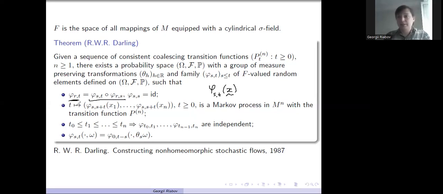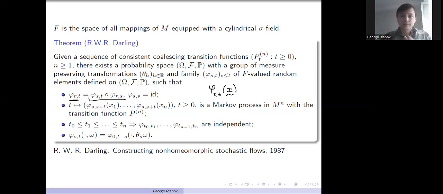But this limits the possible actions we can do with such a stochastic flow. In some sense, the only things that we can substitute in these random mappings are values of the random flow. So we cannot consider the action of the flow at some more complicated object than just trajectories on the flow, on which the action is trivial because of the flow property.